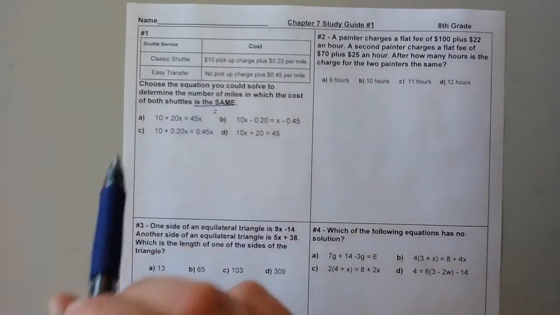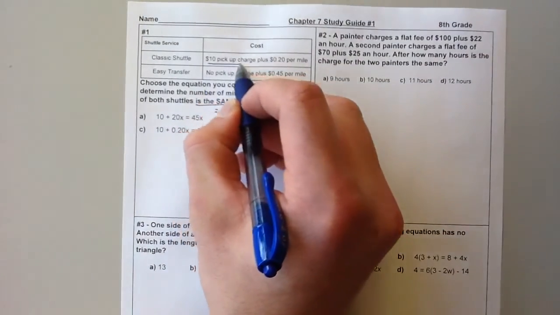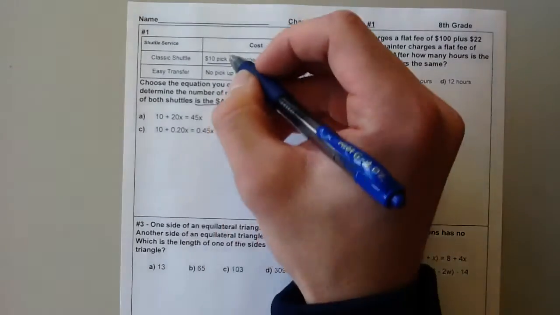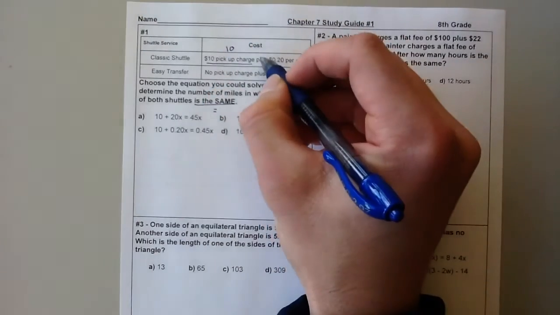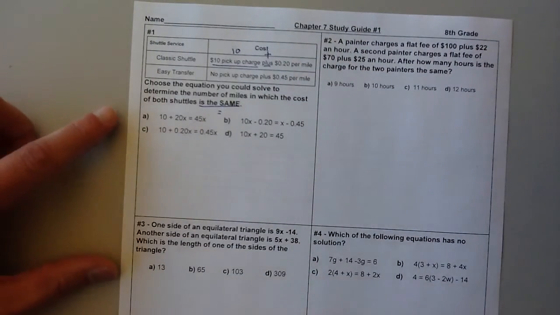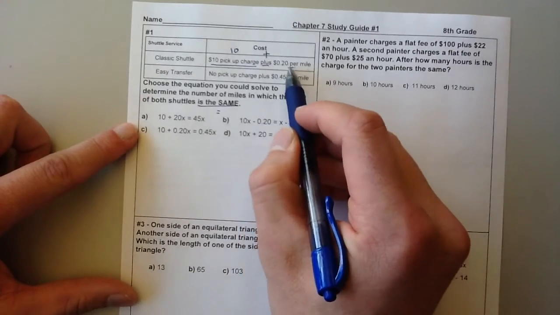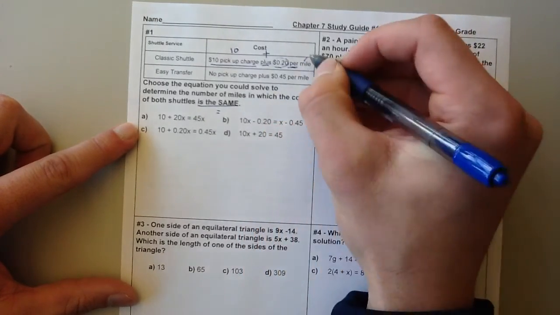So here the classic shuttle, it says it's a $10 pickup charge. So if you called the classic shuttle, you're paying $10 right away. So $10 just for them to pick you up, plus 20 cents per mile. Anytime you see the word per, you're going to multiply this value times the number of miles.